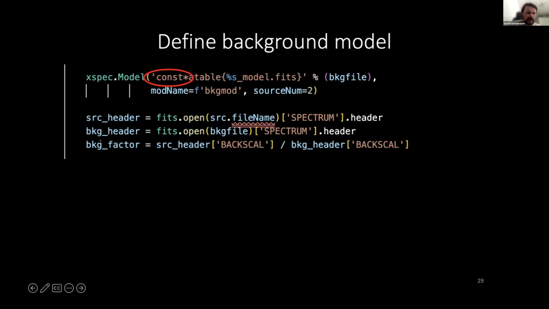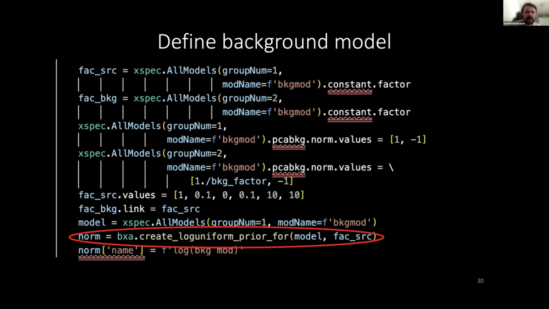So this is this factor that we get from the size difference, which we then need next, because now we define the further factors that come in this background model.